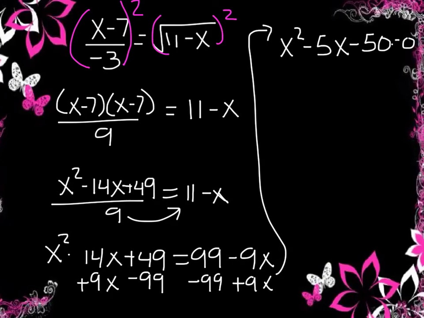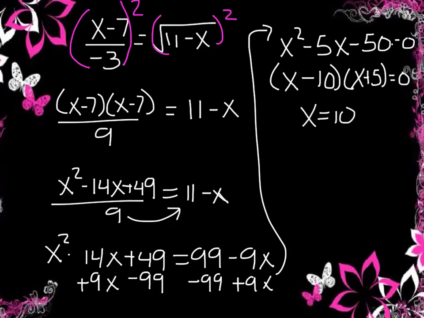So I want two numbers that multiply to give me negative 50 and add to give me negative 5, and that would be x minus 10 and x plus 5. So x equals 10 and negative 5. We have two answers. We need to check them both.